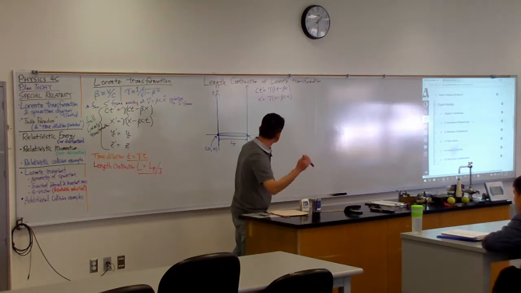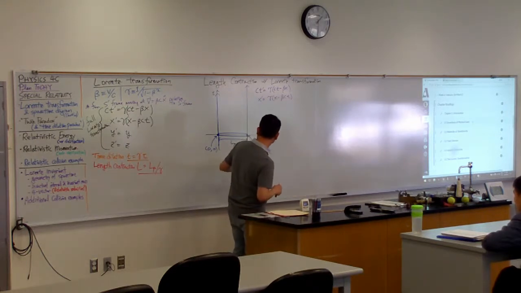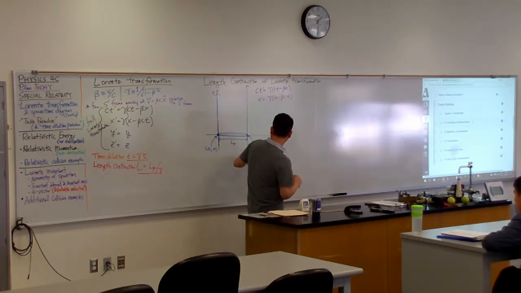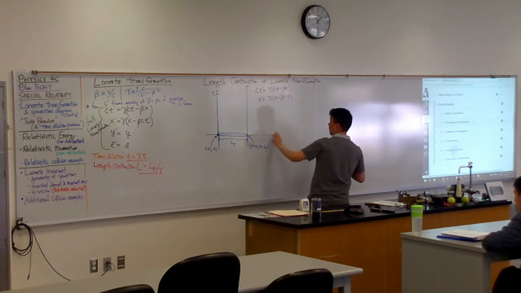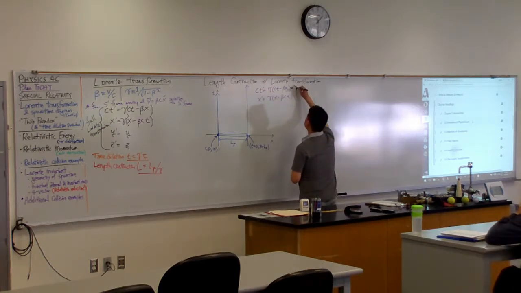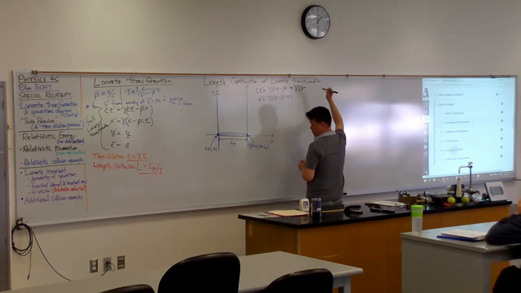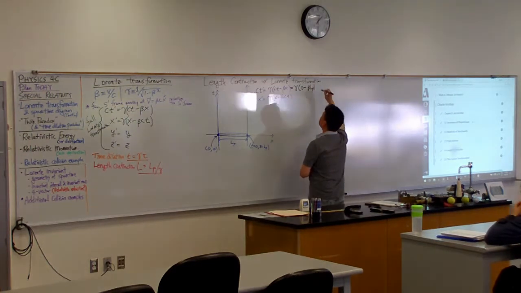So let me plug in these numbers. CT prime, that's going to be, plug in 0 for t and LP for x, equal to gamma times 0 minus beta LP.